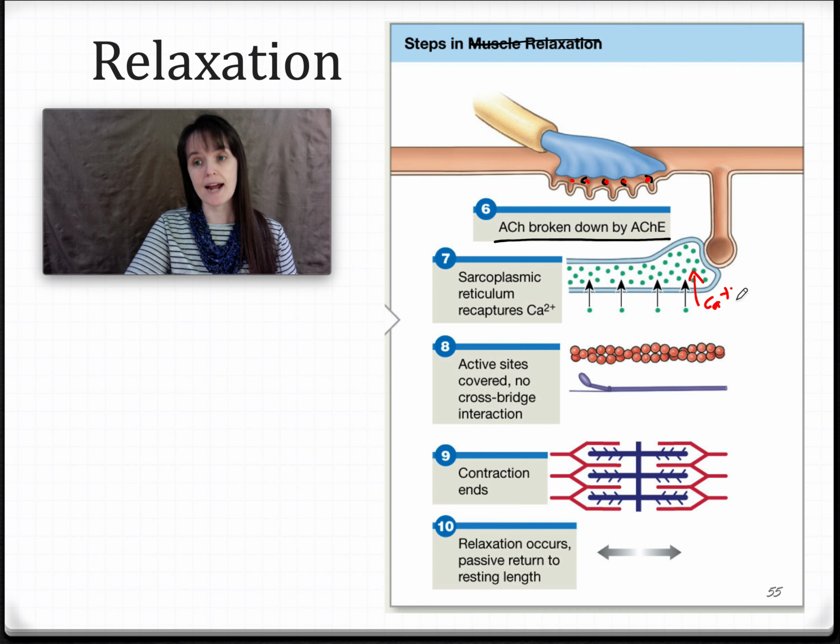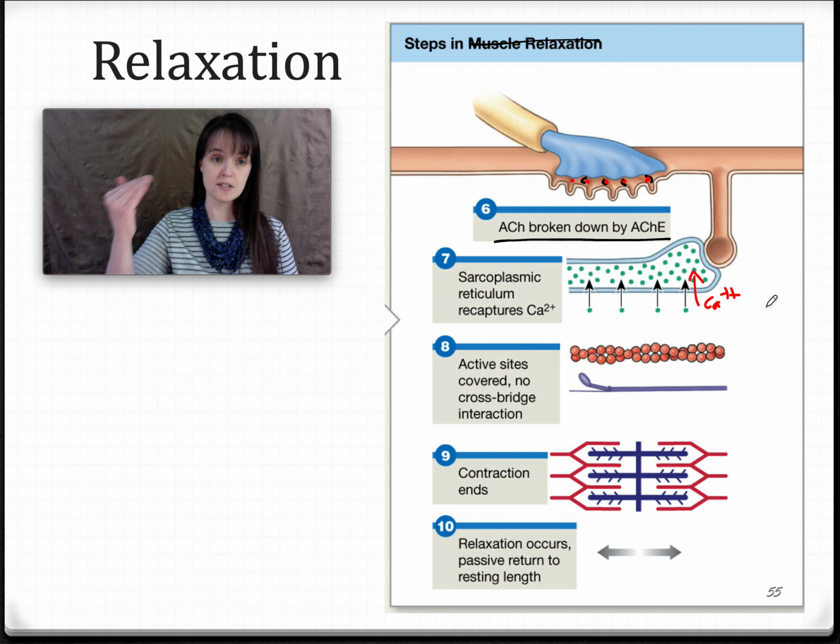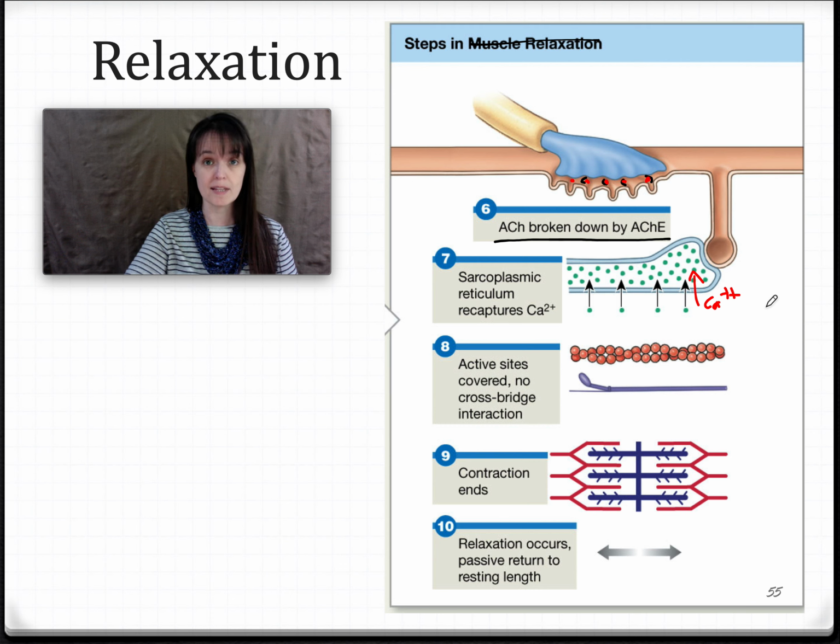And these are active pumps, which means they do burn ATP. So this is a second step in muscle contraction that burns ATP. The first is releasing the myosin heads from the thin filaments. And here's a second one, calcium ion pumps, which actively burn ATP to pump the calcium back into the sarcoplasmic reticulum.